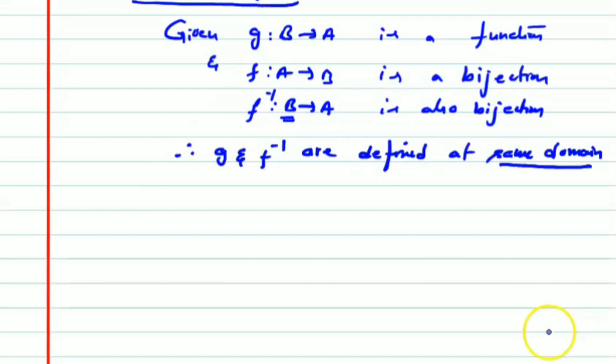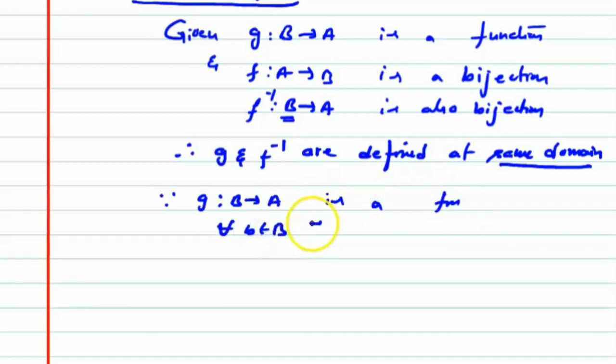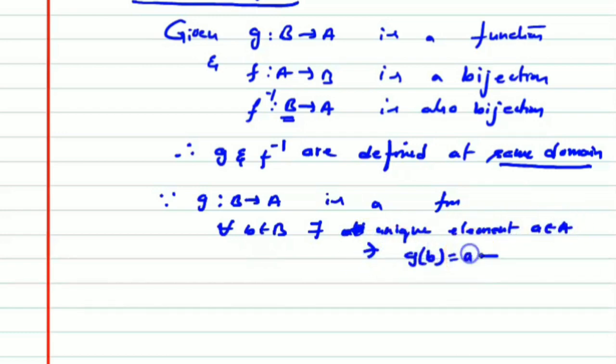Next, since g mapping from B to A is a function, for each b belongs to B, there exists a unique element a belongs to A such that g of b is equal to a. This is the first one.